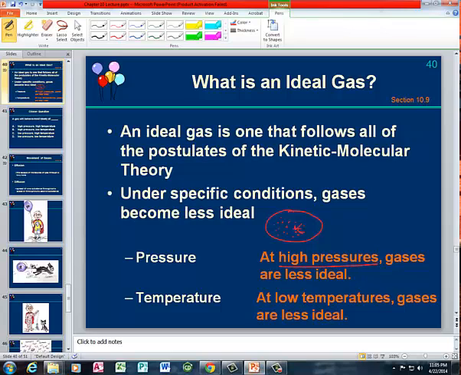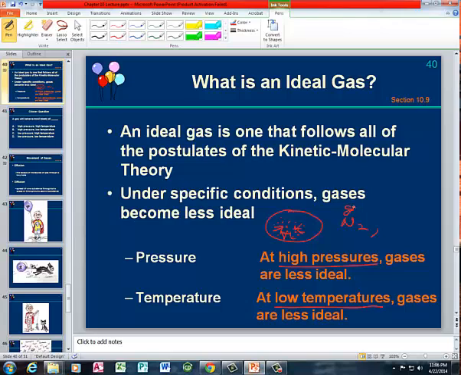The other thing you can do is cool the temperature down. You can reduce the temperature so much that those gas particles really start relating to each other. Those attractive and repulsive forces again start to interact with each other, and that's quite frankly how you get liquid nitrogen. Nitrogen is a gas under normal, ideal conditions.